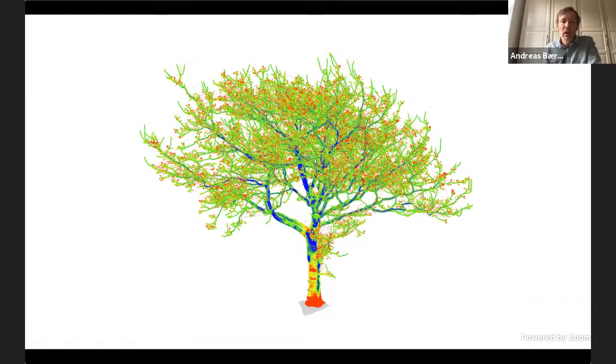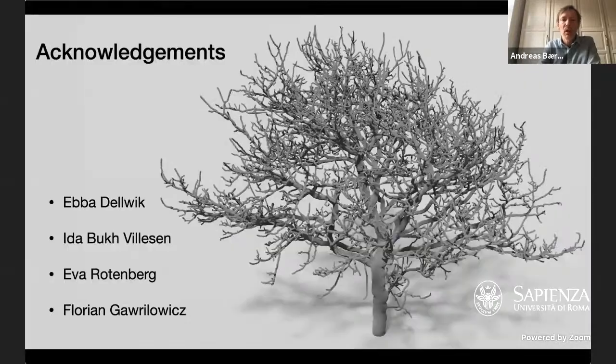You can see that for the bigger branches, the reconstructed tree is a little bit bigger than the branches, and when we are near the little twigs and leaves, the red points indicate where the points are outside the branches.